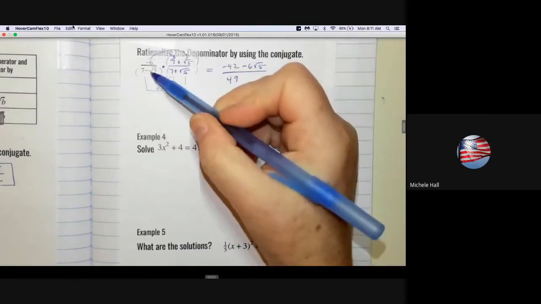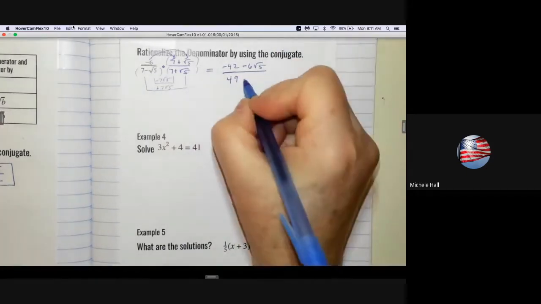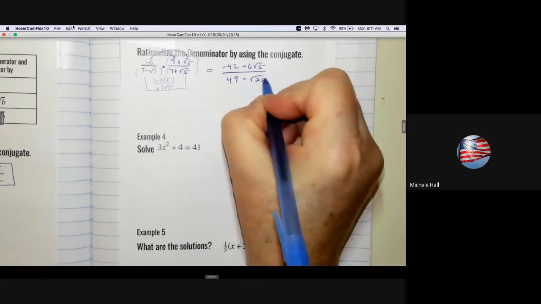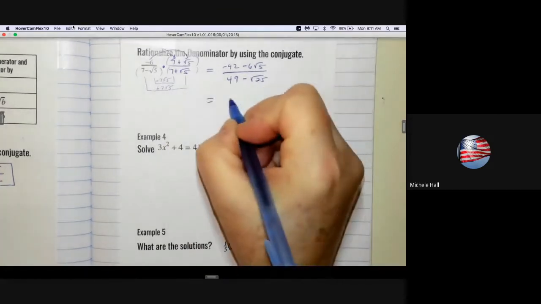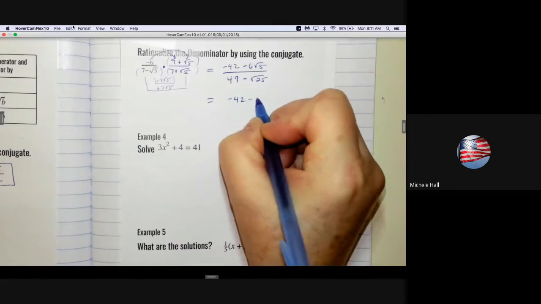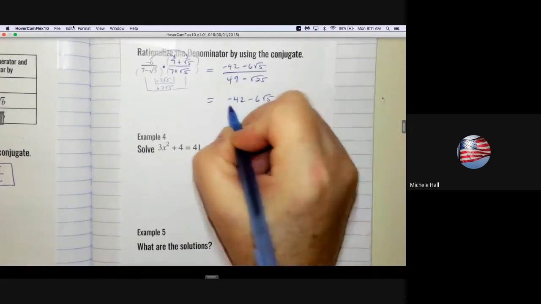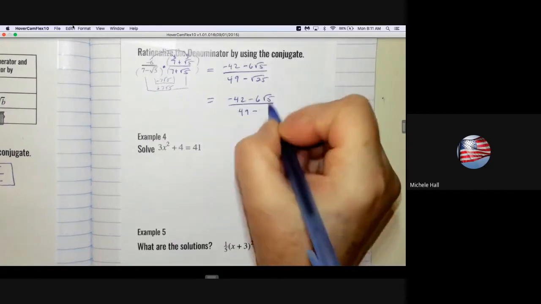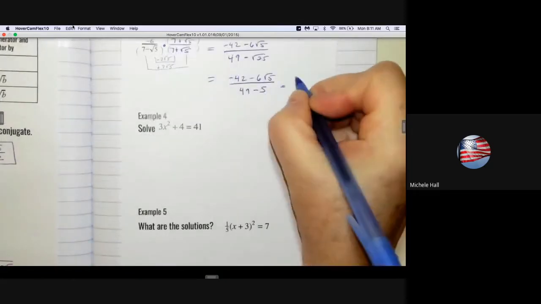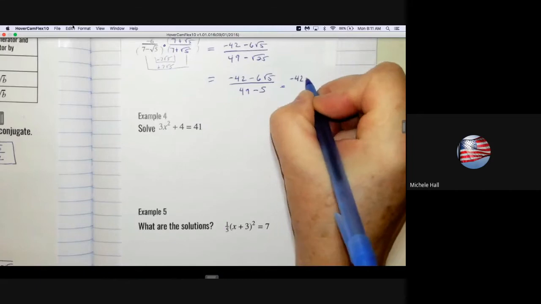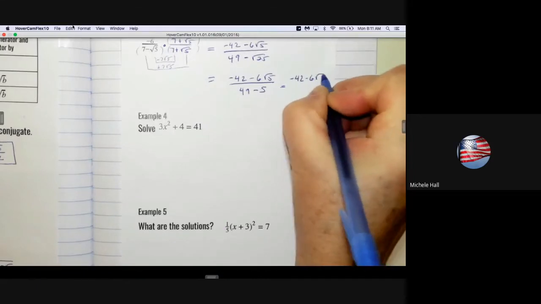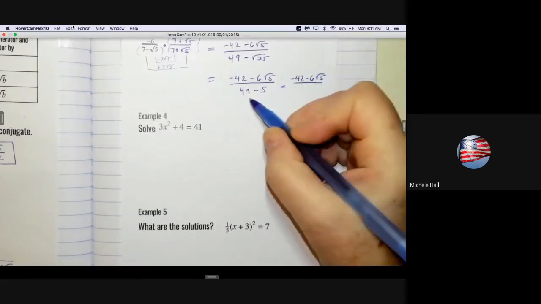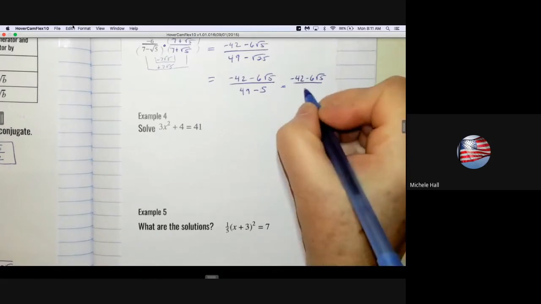And then negative square root of 5 times the square root of 5 is negative square root of 25. Simplify. Negative 42 minus 6 square roots of 5, and that would be 49 minus the square root of 25, which is 5. So we have negative 42 minus 6 square roots of 5 divided by 49 minus 5, which is 44.